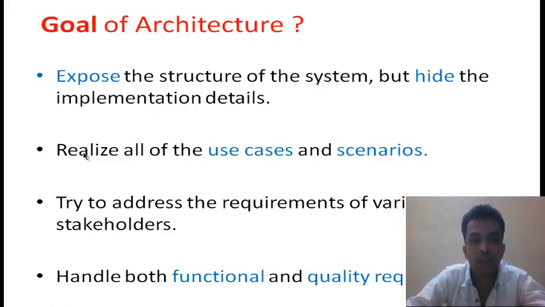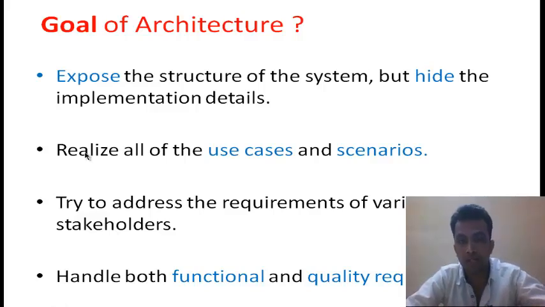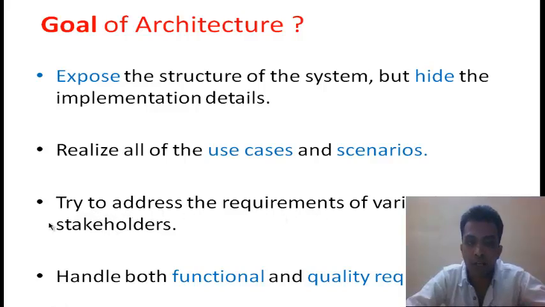The second point is to realize all of the use cases and scenarios. It gives all the use cases and scenarios also, and it tries to address the requirements of various stakeholders.